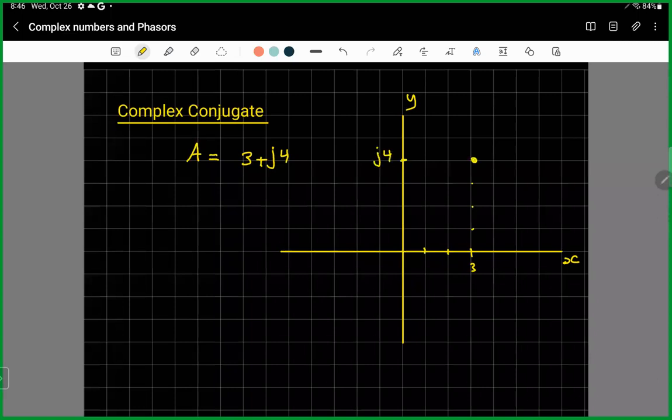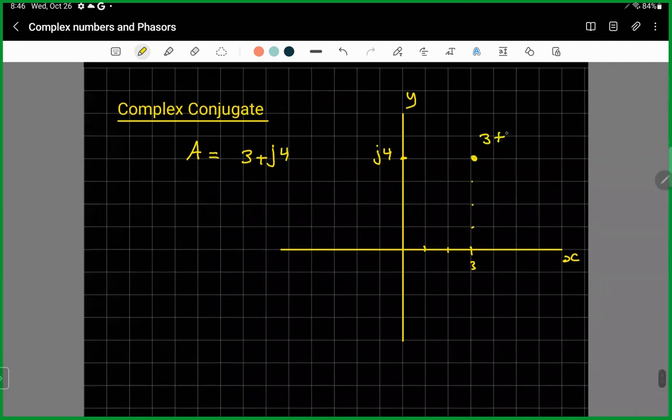So this is the point that represents 3 plus J4. And if you want to find the conjugate, it will be 3 minus J4. So you go just on the 1, 2, 3, 4, you just make this axis, okay? So you have minus J4. So this is the conjugate, 3 minus J4.